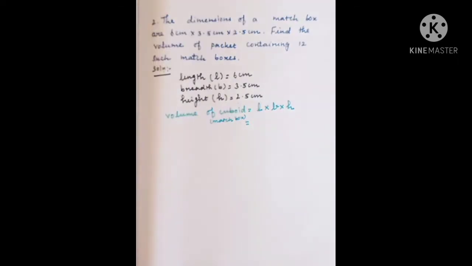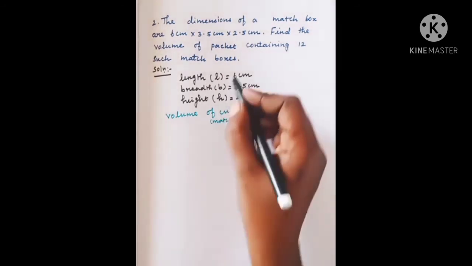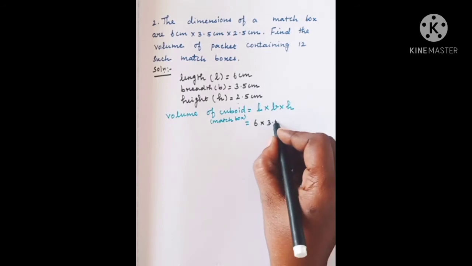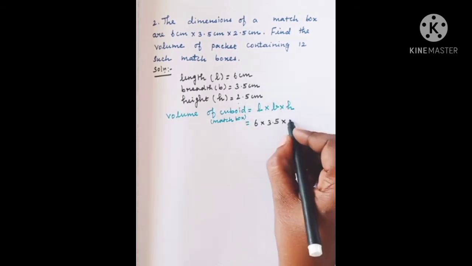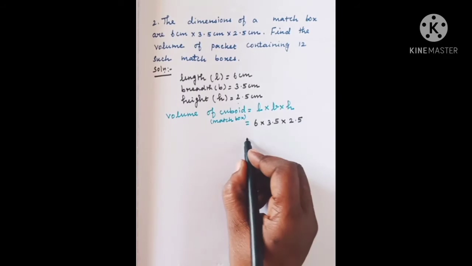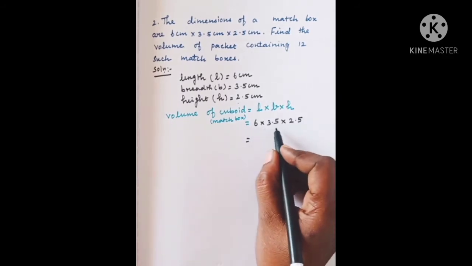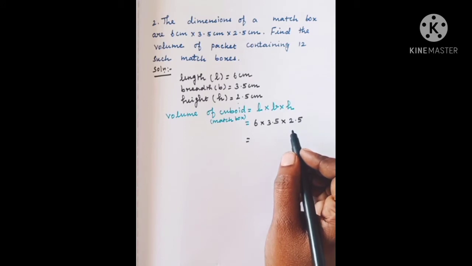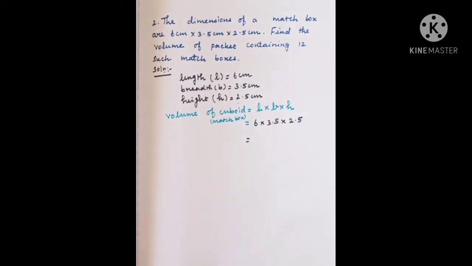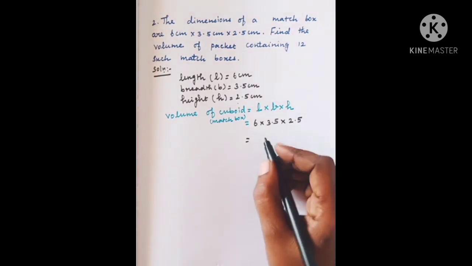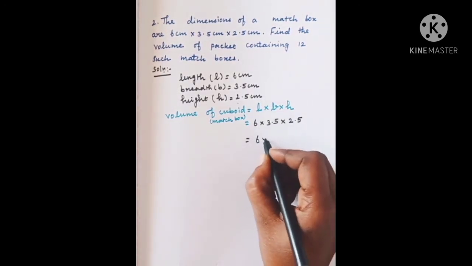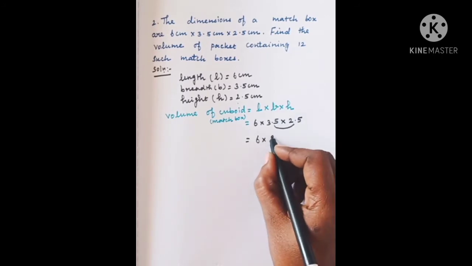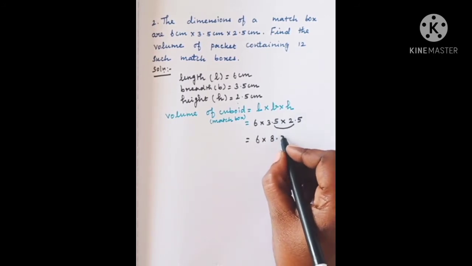So what is your L? The length is 6, into the breadth, which is 3.5, into the height, 2.5. Now we have to multiply these three numbers. Multiplying 3.5 into 2.5, we will get 8.75.